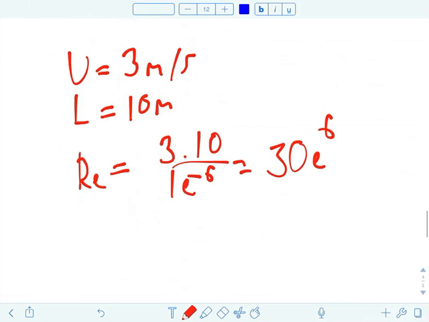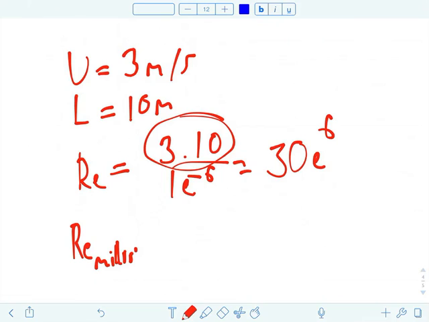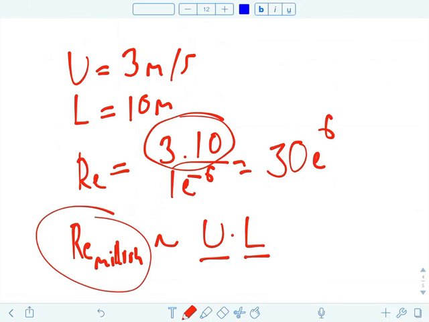So for ships, your Reynolds number in millions is equal to this numerator. Basically, Re in millions is approximately, because kinematic viscosity is not exactly equal to that value, U times L. So if you know the velocity in meters per second and the length in meters, then you already have an estimate of Re in millions.